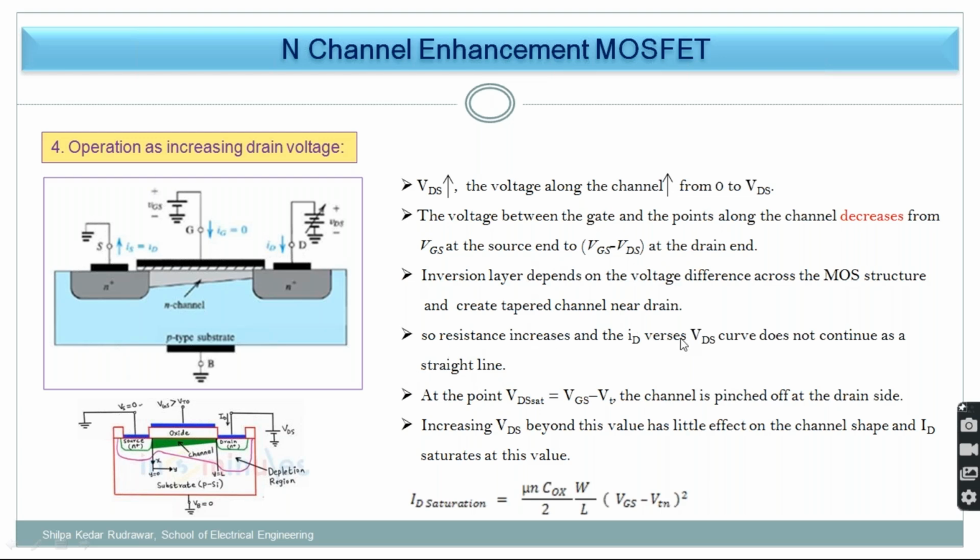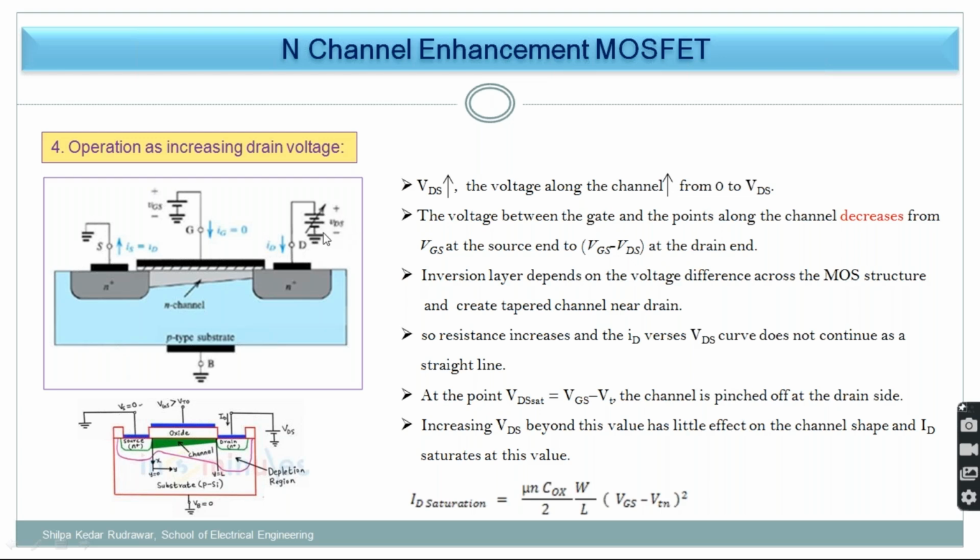So your current ID reduces instead of increasing as it did in the linear region, and it just starts saturating as VDS increases. As this increases, the resistance of the channel increases and drain current decreases. Now, this is very important, just concentrate.